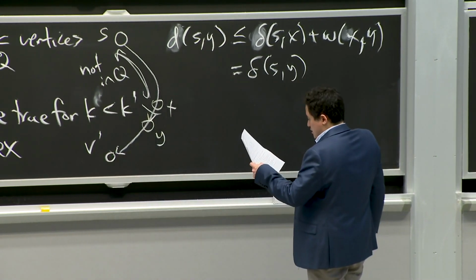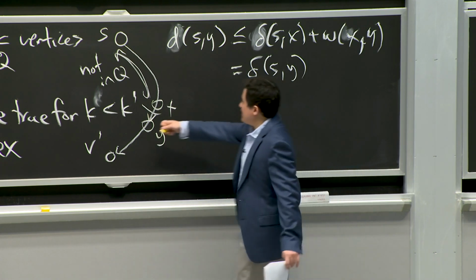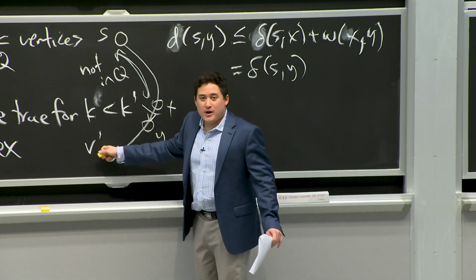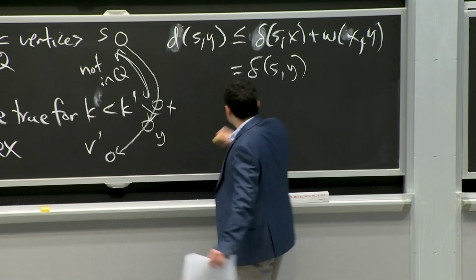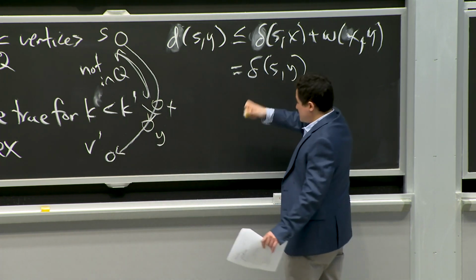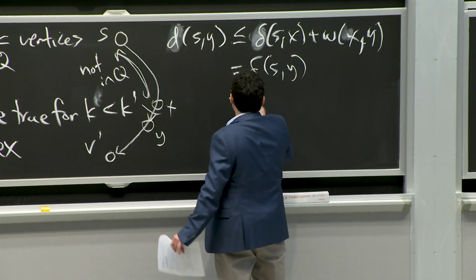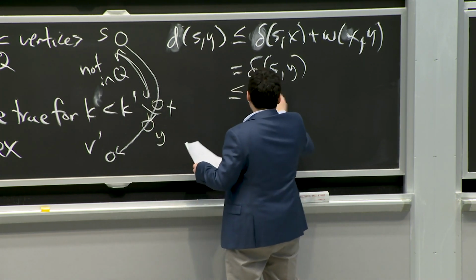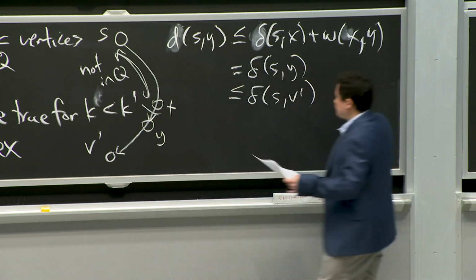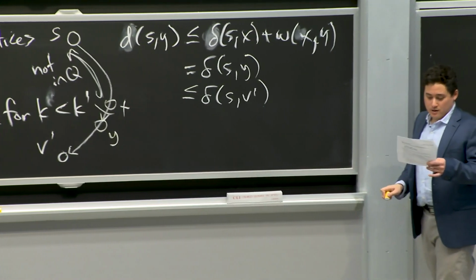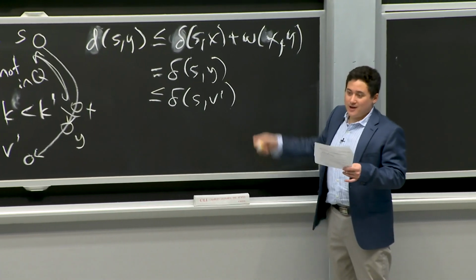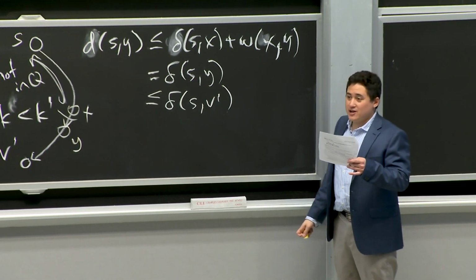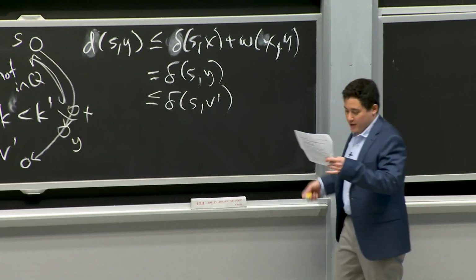Well, because we have non-negative weights, the distance to v prime has to be at least as big as this distance, right? Because it's a subpath. So this has to be less than or equal to the true distance to v prime, because of non-negative weights.